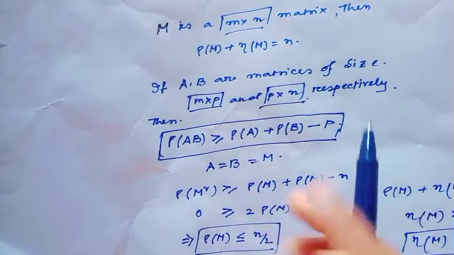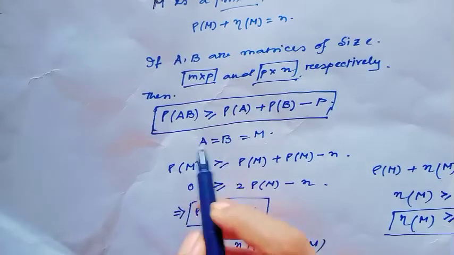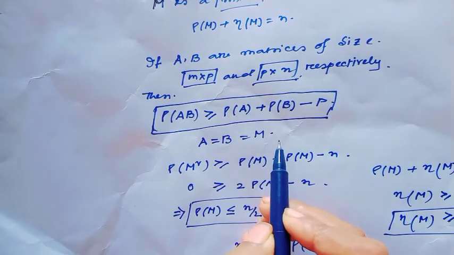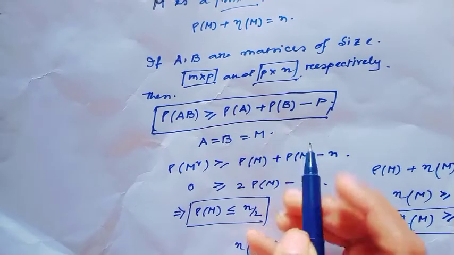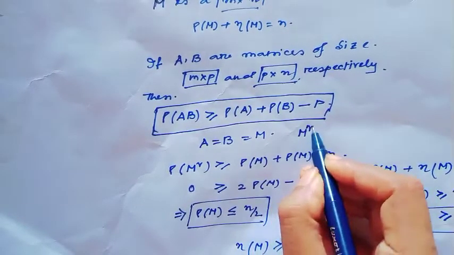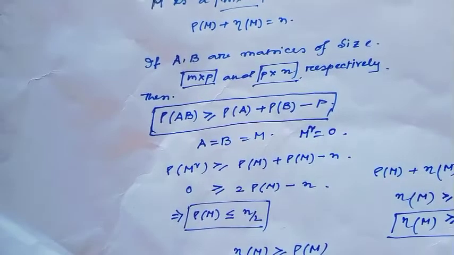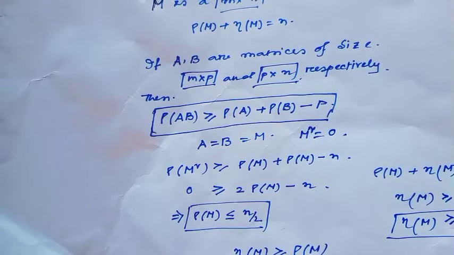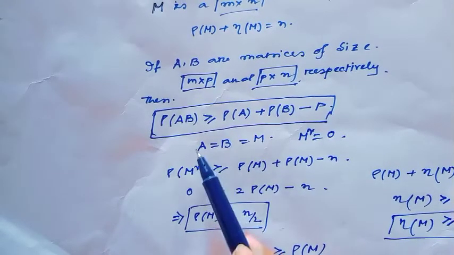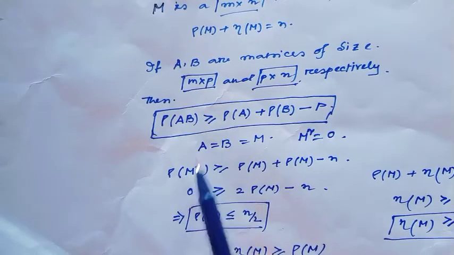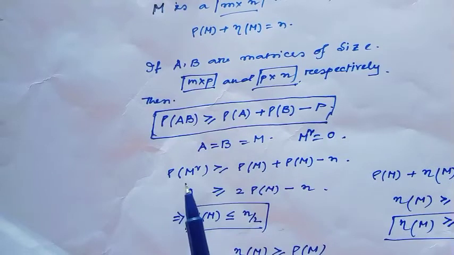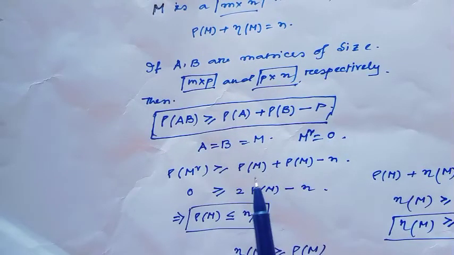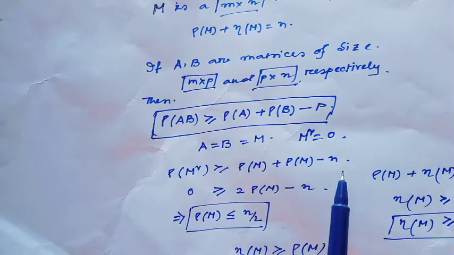Okay, and here A equal to B equal to M because it is a nilpotent matrix, and given M square equal to 0. Then this reduces by this formula: rank of M square is greater than or equal to rank of M plus rank of M minus n.